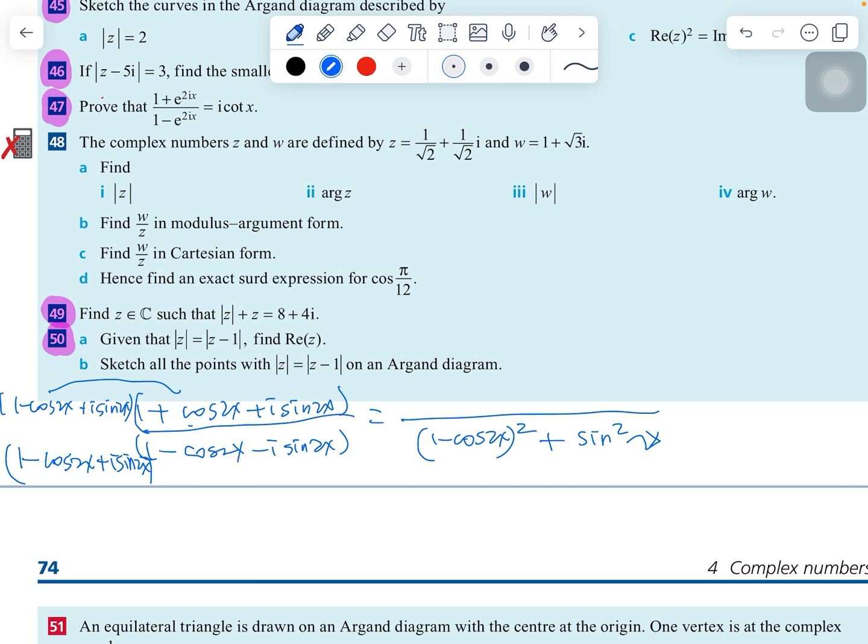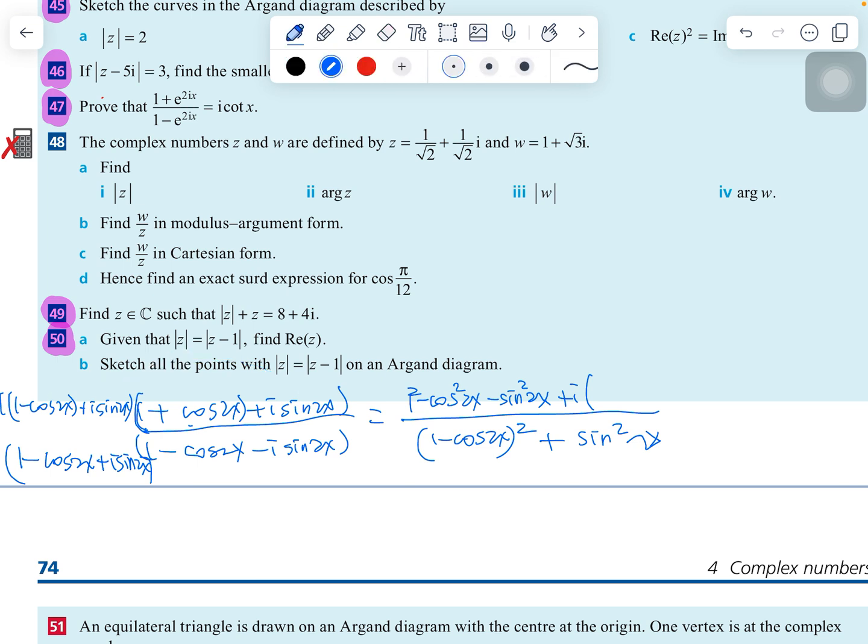So when I do this, the real part, if I group them like this, is the product of sum and difference, which is the difference of squares. So 1 squared minus cos squared of 2x, and for the real part we can find from here minus sine squared of 2x, plus i. Let's find the imaginary part.